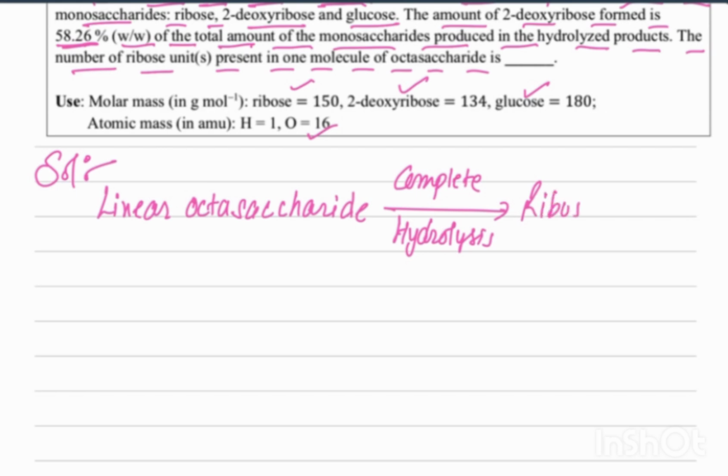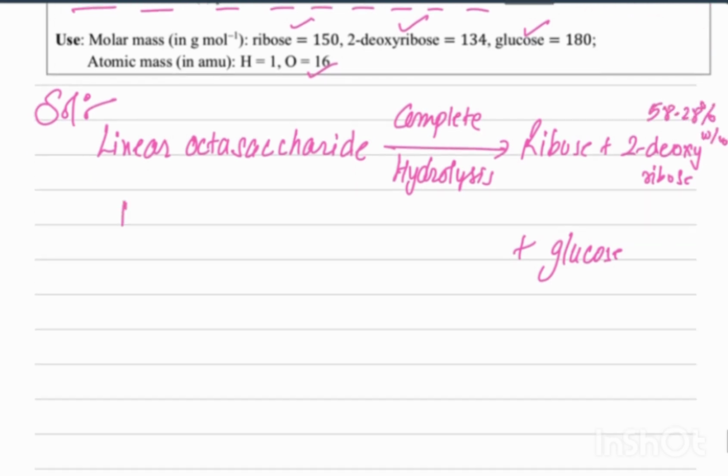We get ribose, 2-deoxyribose, and glucose. Also here it is given that 2-deoxyribose is 58.28% weight by weight. Also the molecular weight of this octasaccharide is 1024 gram per mole.